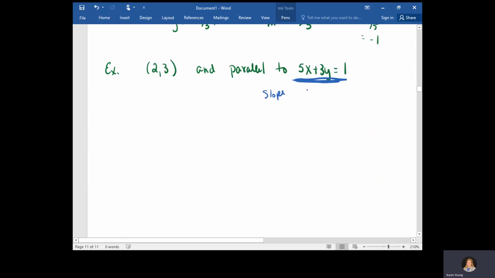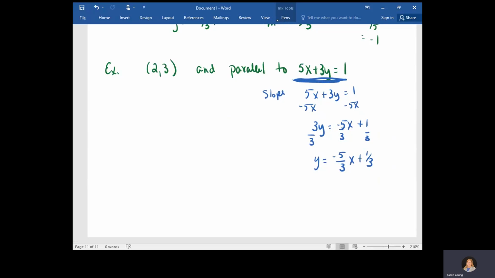To find the slope, all I have to do is solve for y. So subtract 5x: 3y equals negative 5x plus 1. Divide everything by 3: y equals negative 5/3 x plus 1/3.